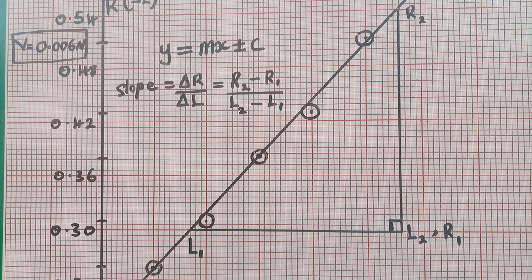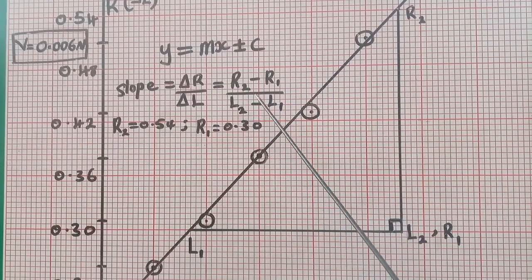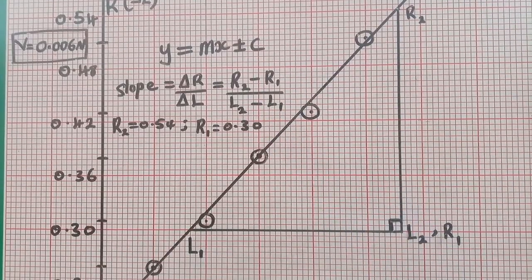In other words, we can write down the values of R2 and R1. Let's now turn our attention to finding the values of L2, L1. Do you think we are still going to locate L2, L1 as easily as we located R2 and R1? Let's check.